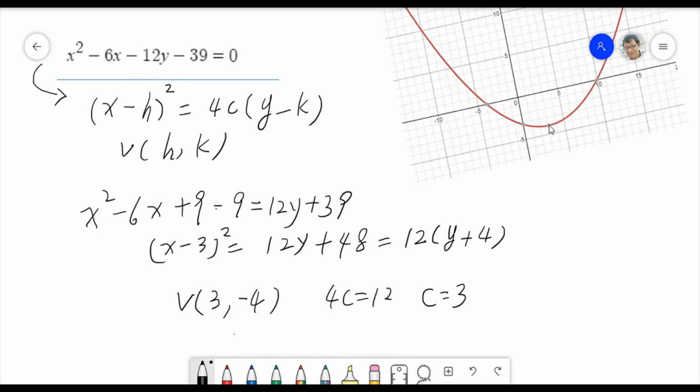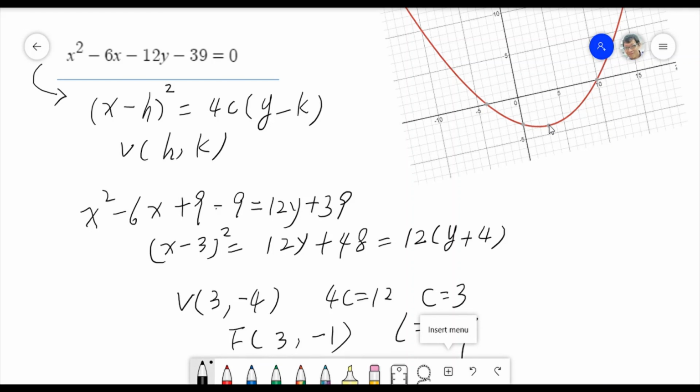So our focus will be written this way: (3, -1). What's the directrix? The vertex y is -4, then go another 3 down, so it will be -7, right?